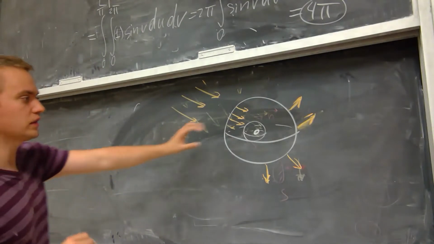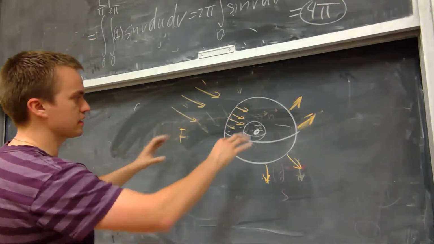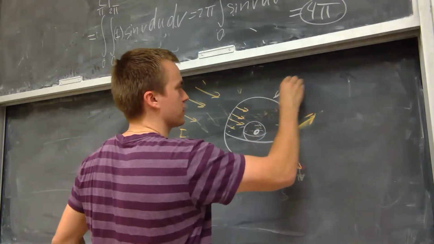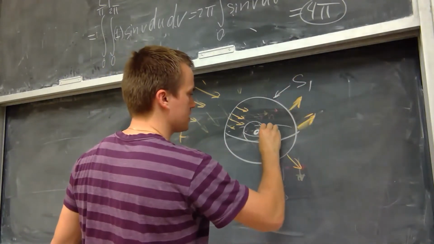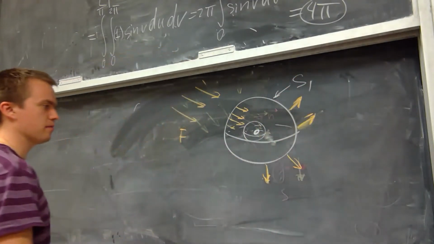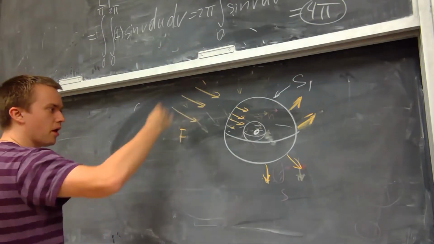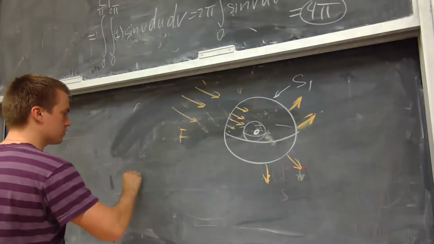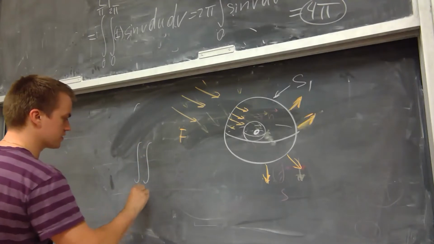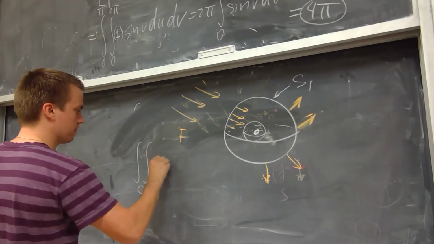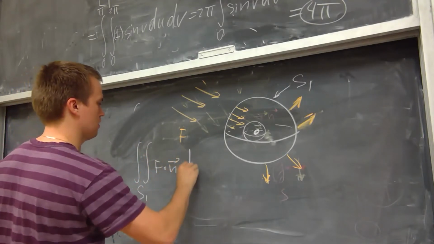So what is the definition of this one? Let's call this outside sphere S1, and this inside sphere, let's not name it first. The amount of fluid that goes through S1 is going to be the double integral over S1 of F dot n dS.